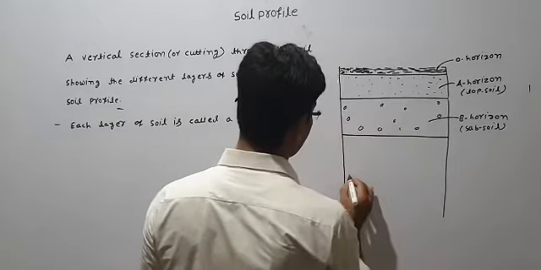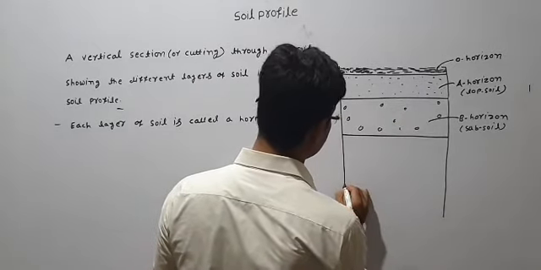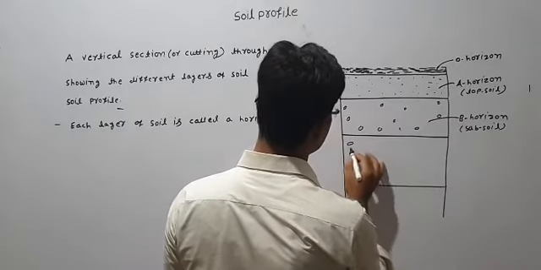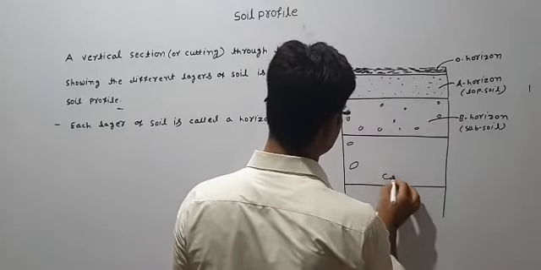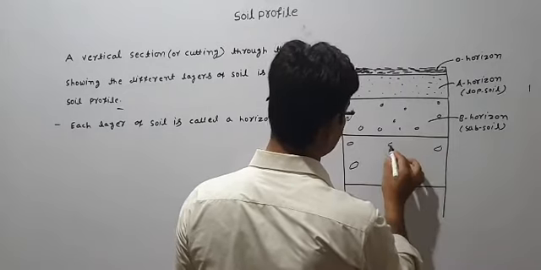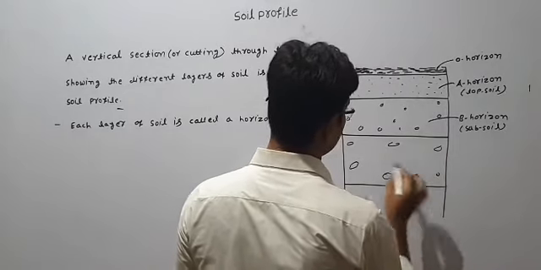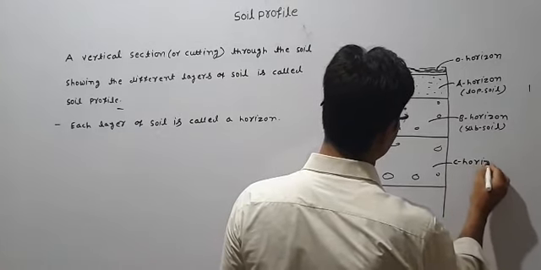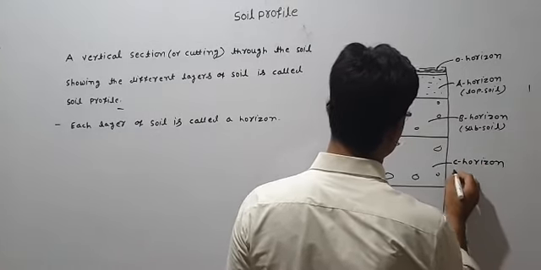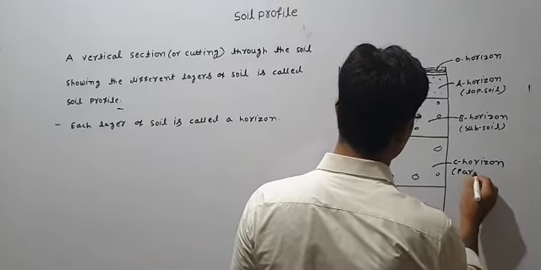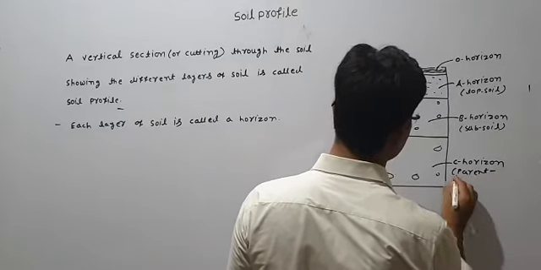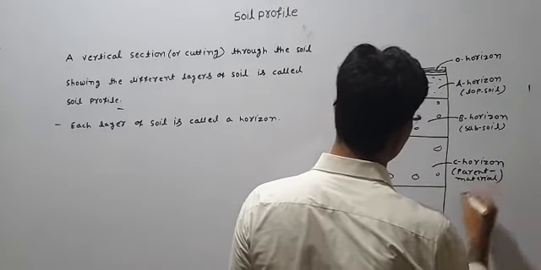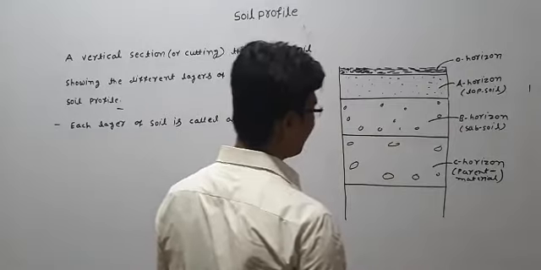And then you go further, you will see like this. This one is the C horizon, also called parent material. So it is C horizon or parent material.